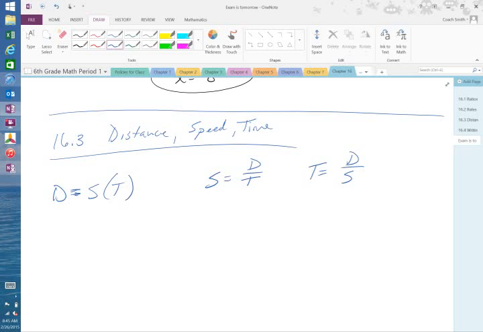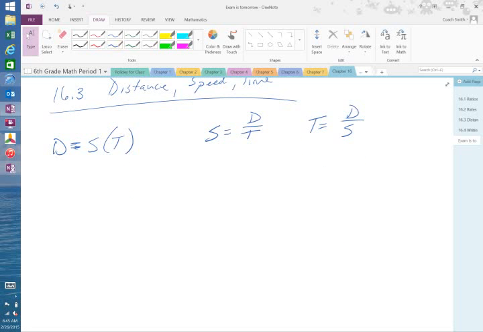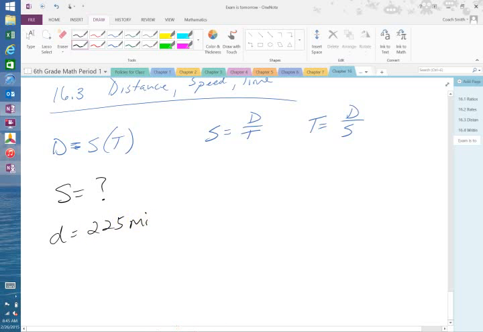And so, if we're looking for speed, and they give us the distance is equal to 225 miles, and the time is equal to 5 hours, I would use the speed formula.